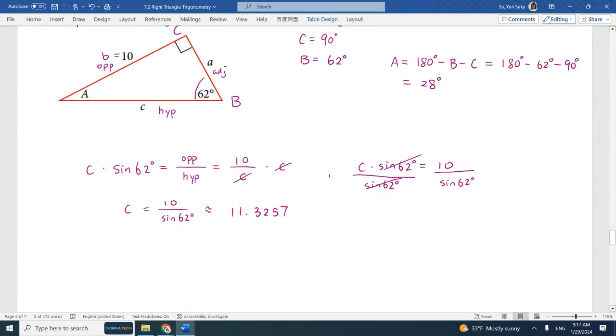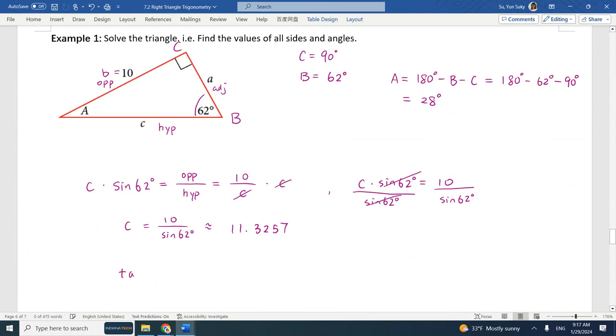So write down tangent 62 degrees. What's tangent? Opposite over adjacent. What's opposite? 10. What is adjacent? A.